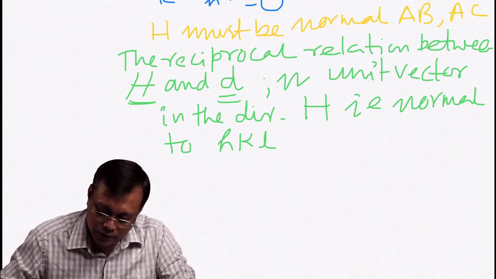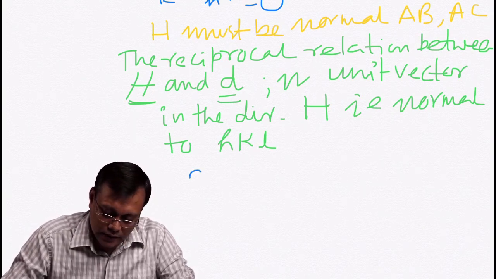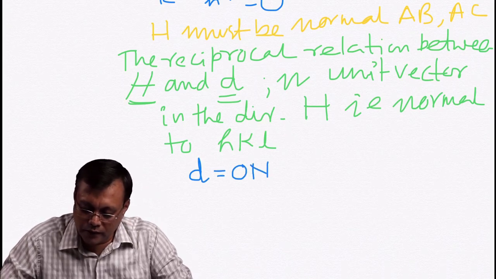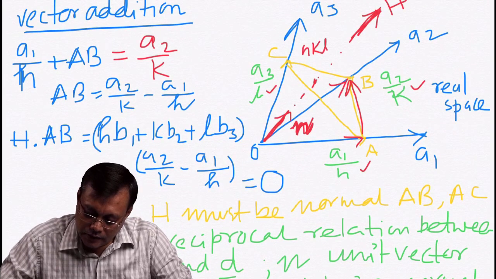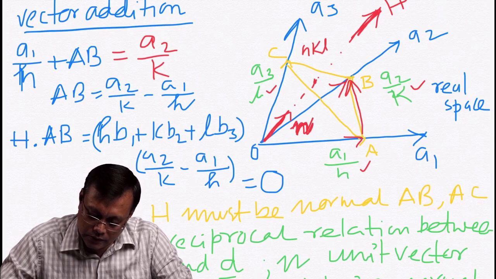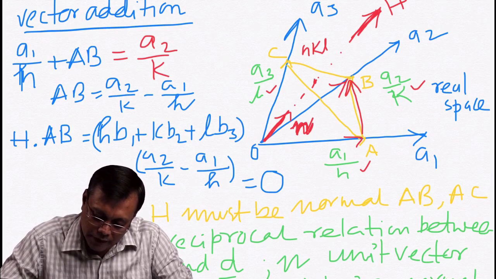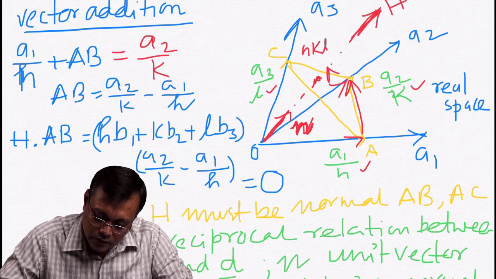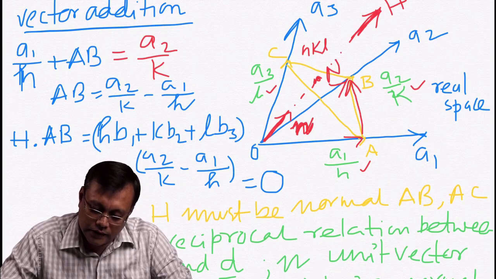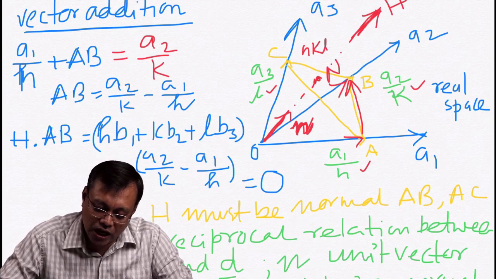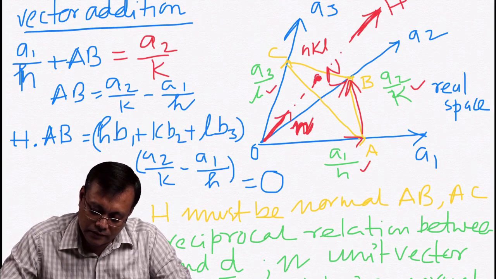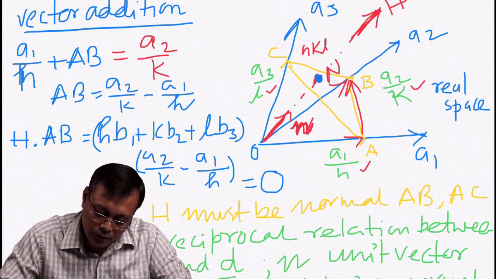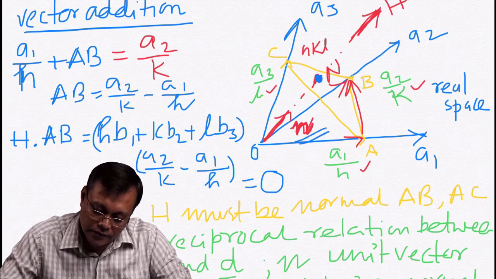So if that is the case, then the interplanar spacing we are talking about is basically ON. Please look at this figure. Here N is the point where the direction capital H cuts or meets the ABC plane, that is here. That is the point, and the unit vector is small n.